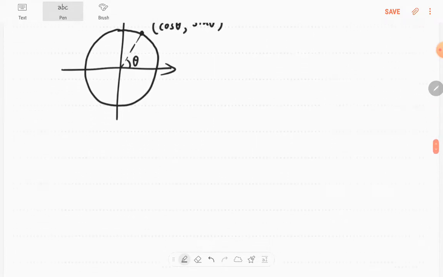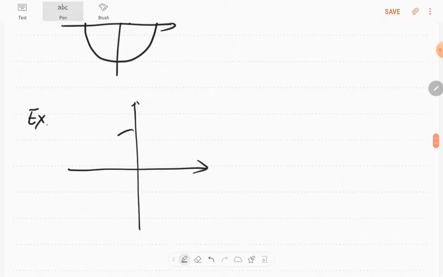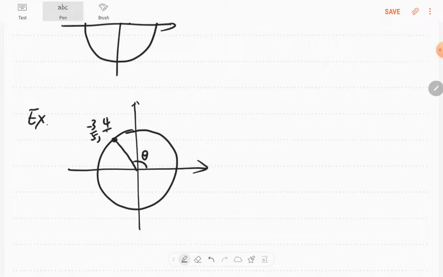So now let's look at this example. If you have a unit circle, and our theta is this one, and this point is -3/5, 4/5, what can we get?